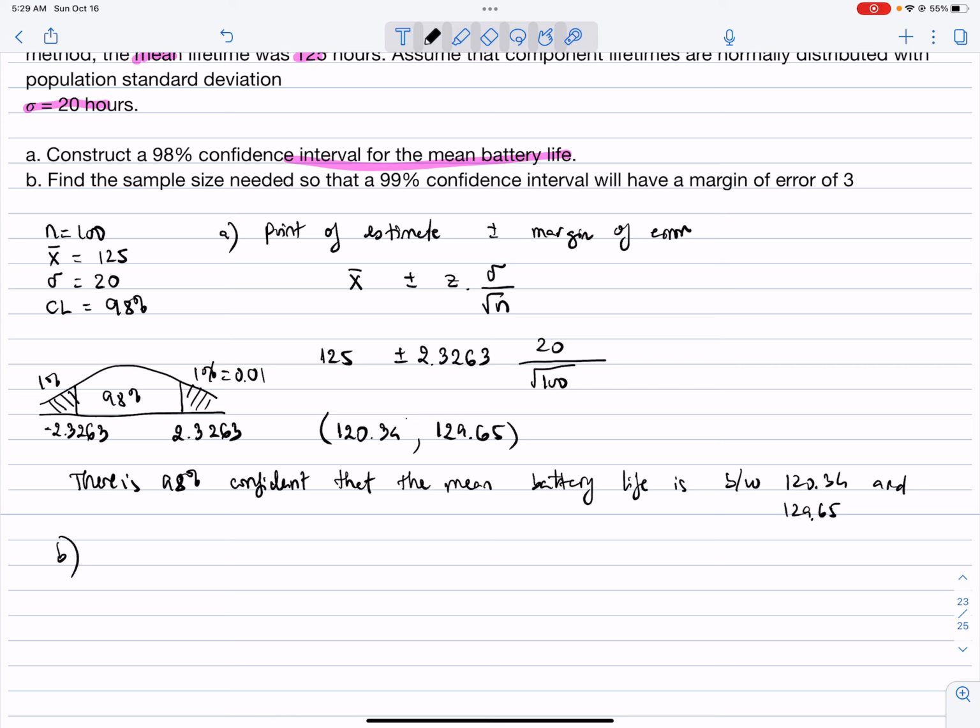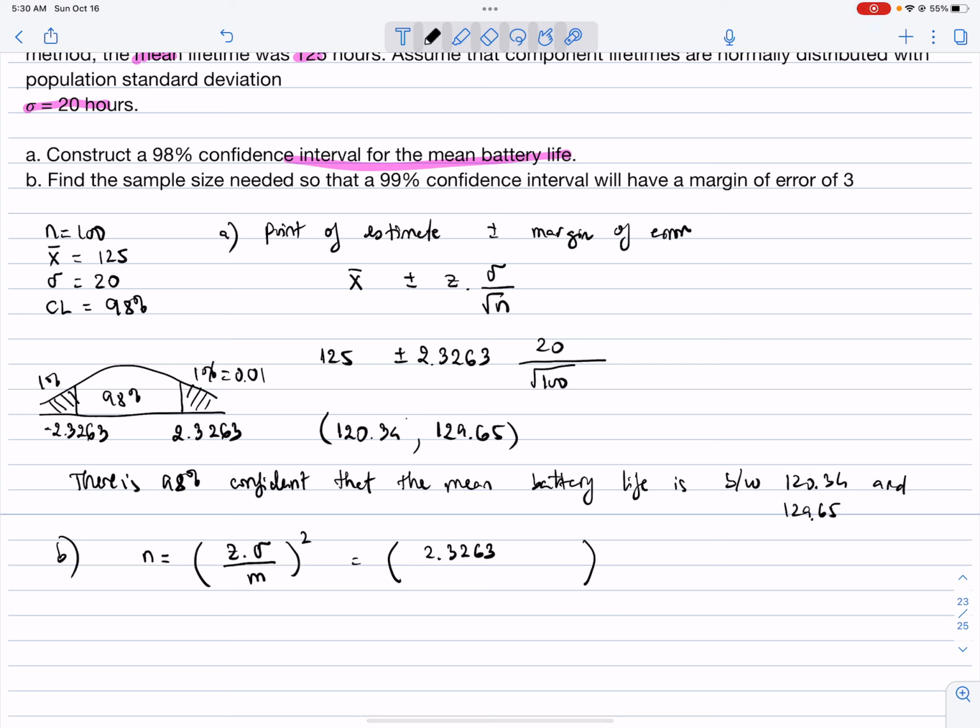Part B, we need to find the sample size. The formula in the book is n equals z times sigma divided by the margin of error, squared. So z is 2.3263. You can enter the z plus or the z minus.